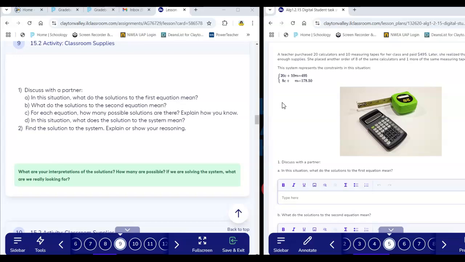No. Could you do substitution on this? Do you have a situation where you've got one of the variables already isolated without having to divide? Yes, you do. You have an M. But you could also graph this. And that's what we're going to do in Desmos right now.